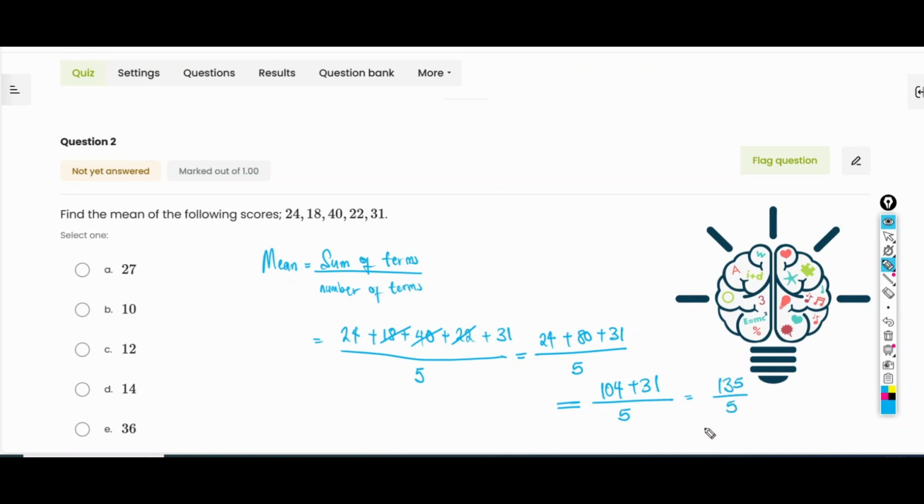So 135 over 5: 5 in 13 is 2, remainder 3, and 5 in 35 is 7. So the answer is 27. The mean score is 27.